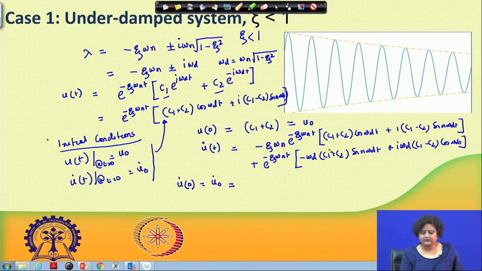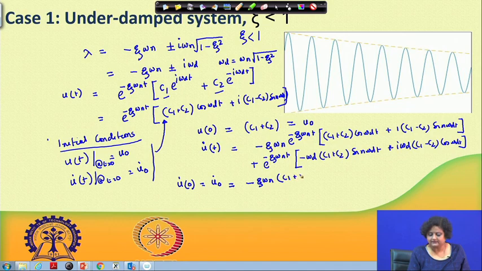So, if I put t equals 0, I will have minus zeta omega n C1 plus C2, and then I will have plus i omega d (C1 minus C2) is equal to u dot 0. Okay. So, C1 plus C2, I know, is equal to u0.